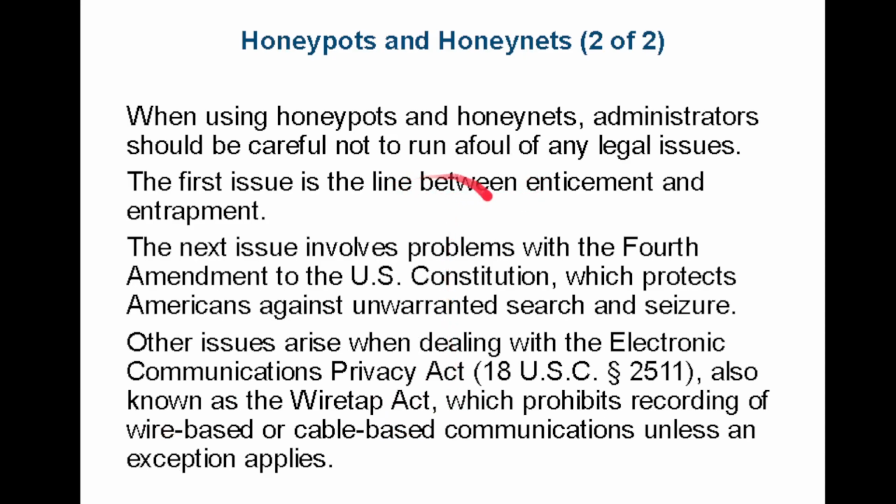Honeynets. You've got to be careful not to be entrapping. You've got the Fourth Amendment. We're dealing with illegal searches. I figure if they're coming into your system, whatever they do on your system is open.